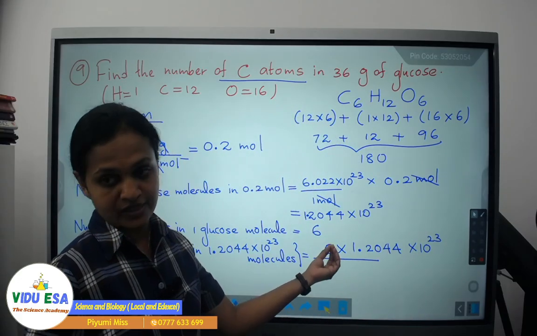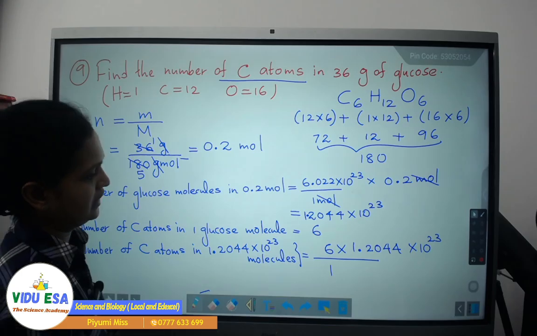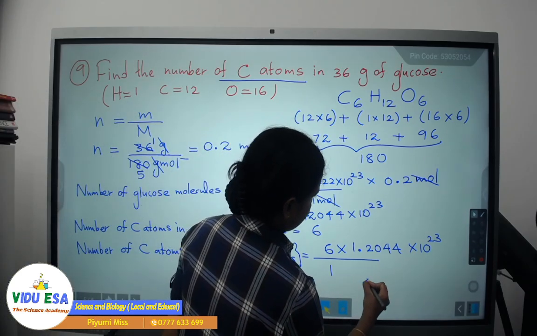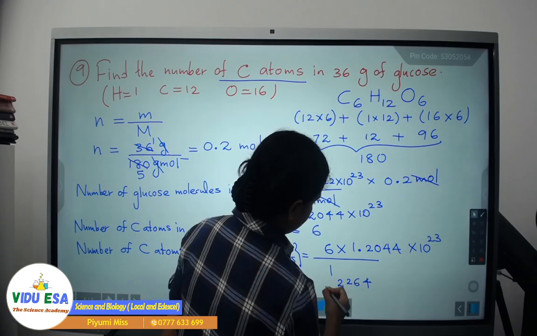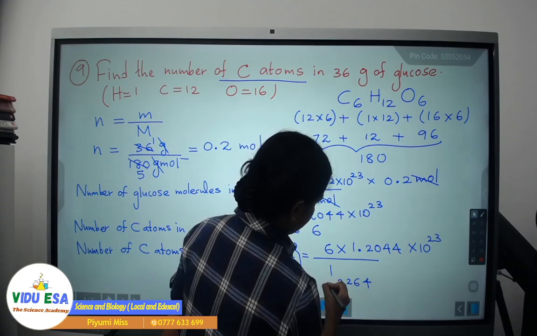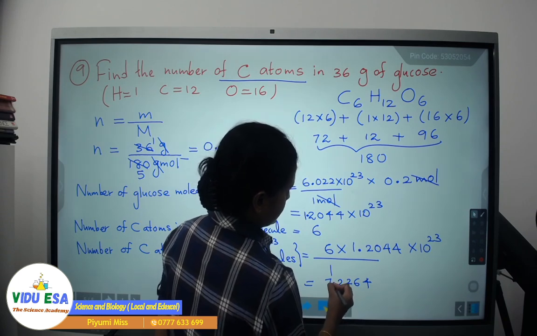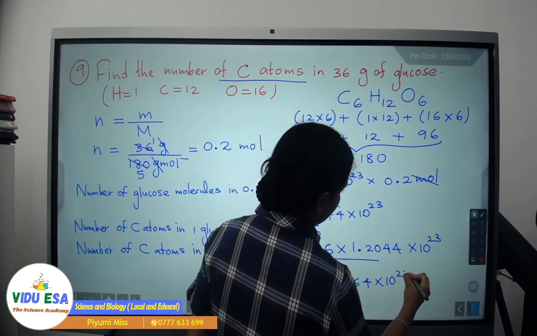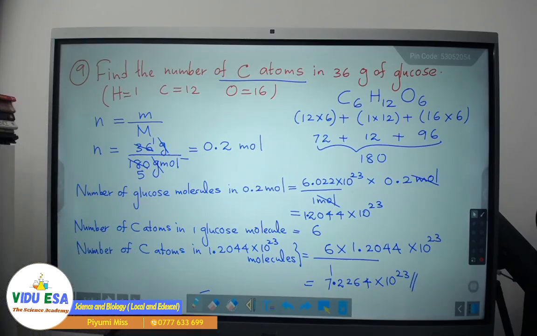One molecule 6 atoms. This much of molecules, how many carbon atoms are there? So it becomes 7.2264 into 10 to the power 23.